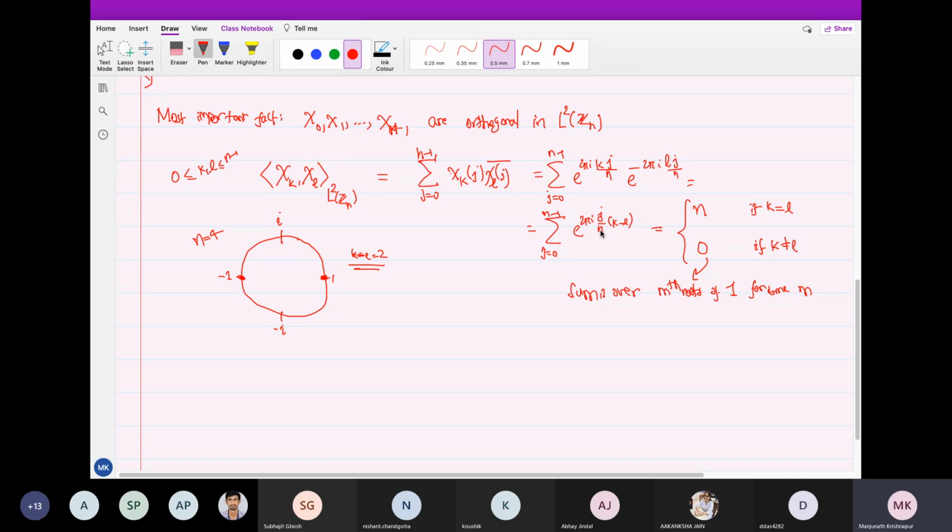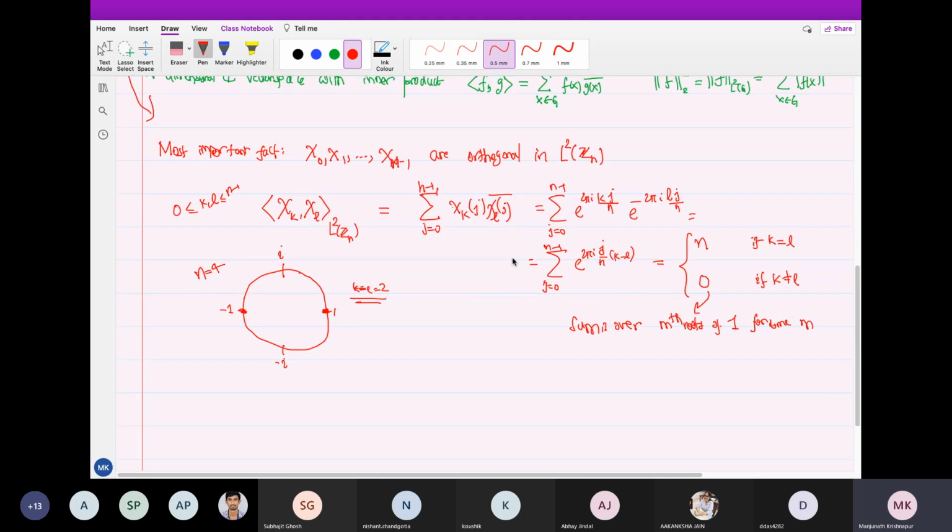If k minus L has no common factor with n, then you will sum over all the nth roots of unity. Otherwise, you will sum over only some subset of the roots of unity, but not any mth roots. So that's why you get this.